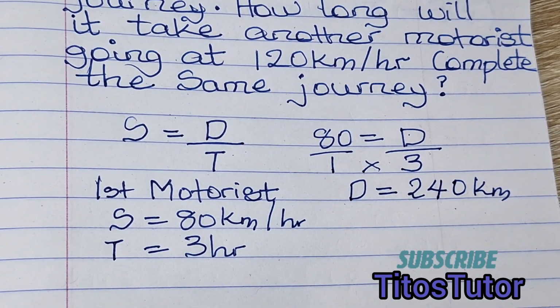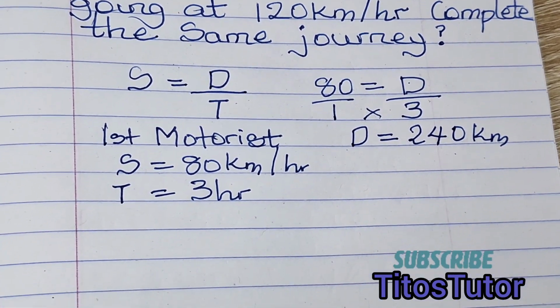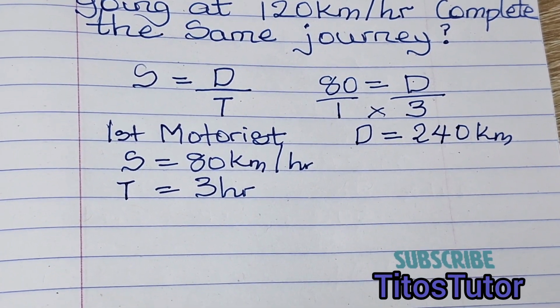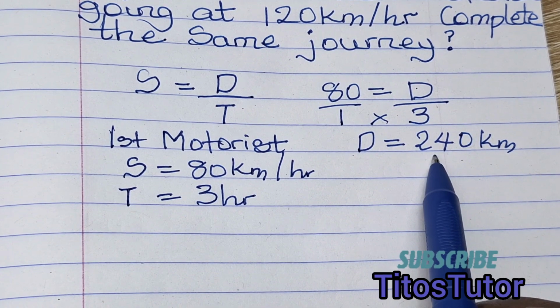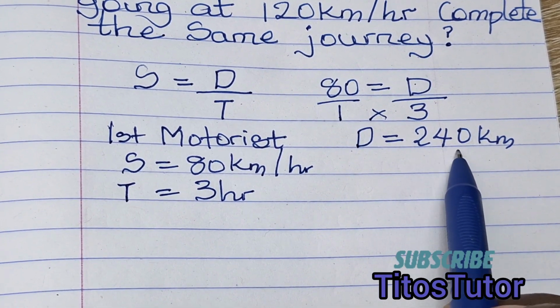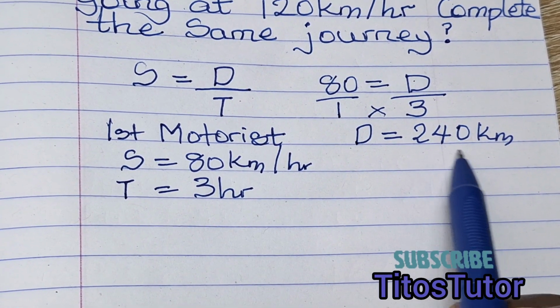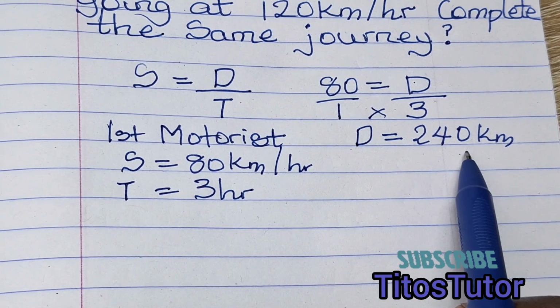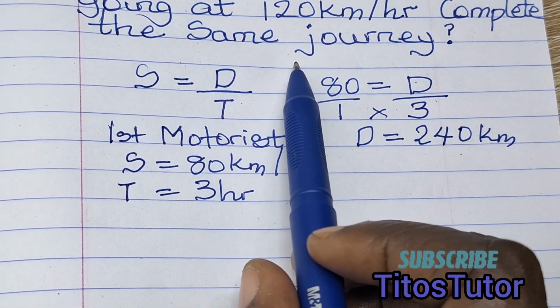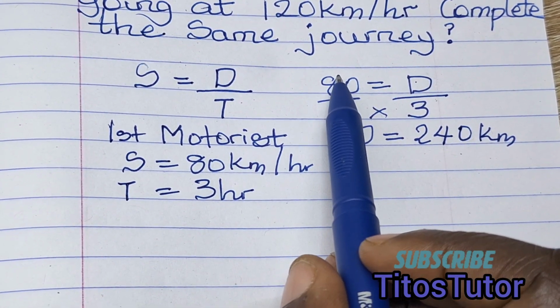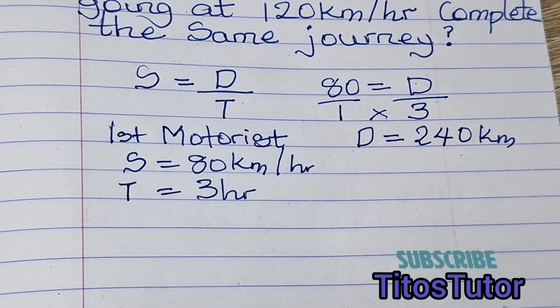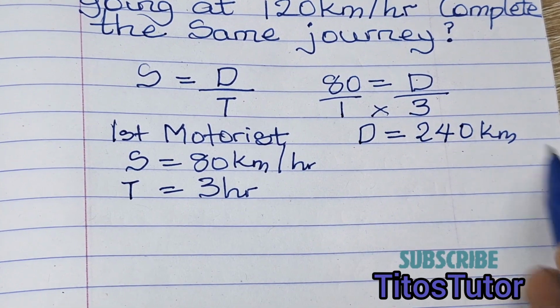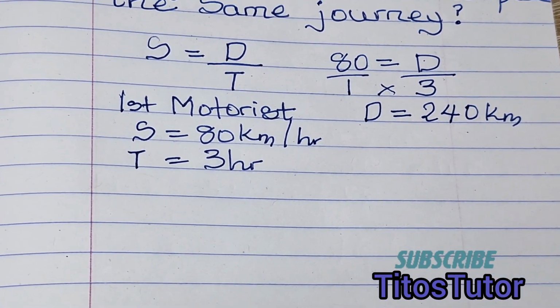So you go to the second motorist. You need to know the time it took the second motorist to go on a journey that is 240 kilometers long, going at a speed of 120 kilometers per hour. You need to find how long it took him in hours to complete this journey. So let's go to the second motorist.